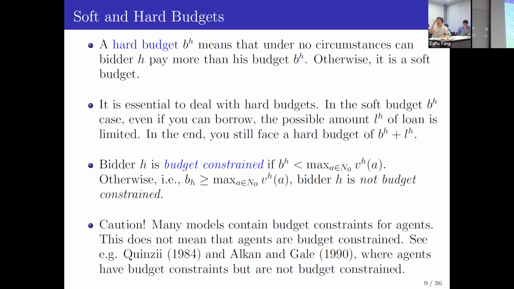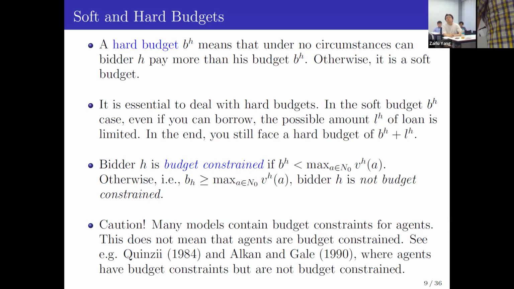I already mentioned in the beginning why it's essential to consider a hard budget, because even if you have a soft budget, in the end you always end up with a so-called hard budget case.